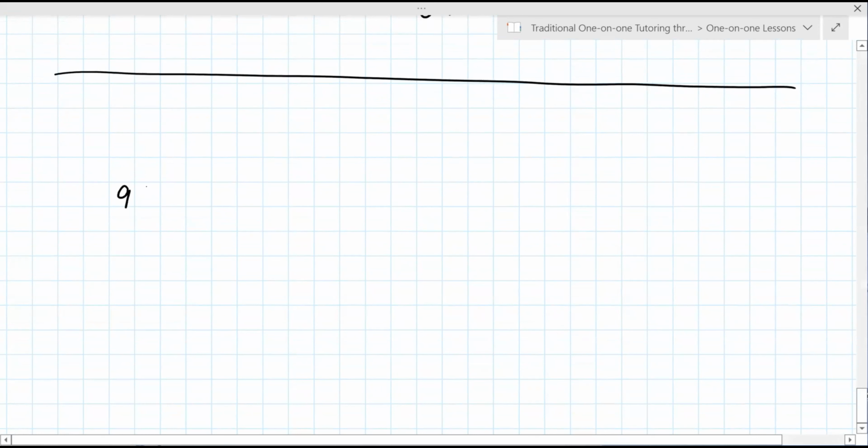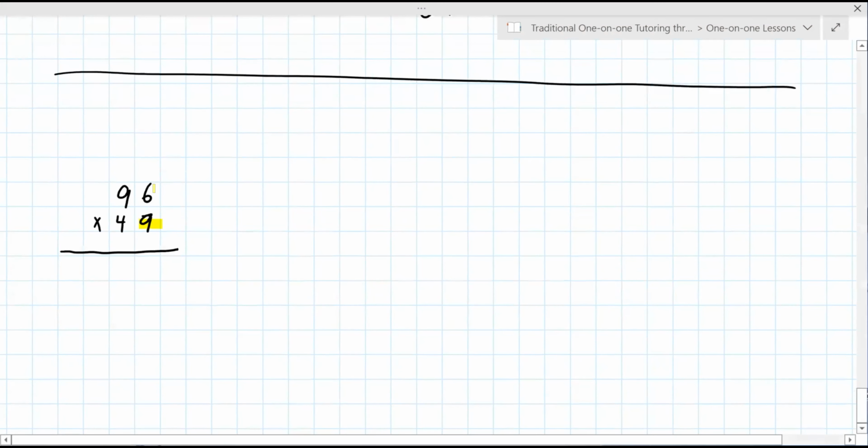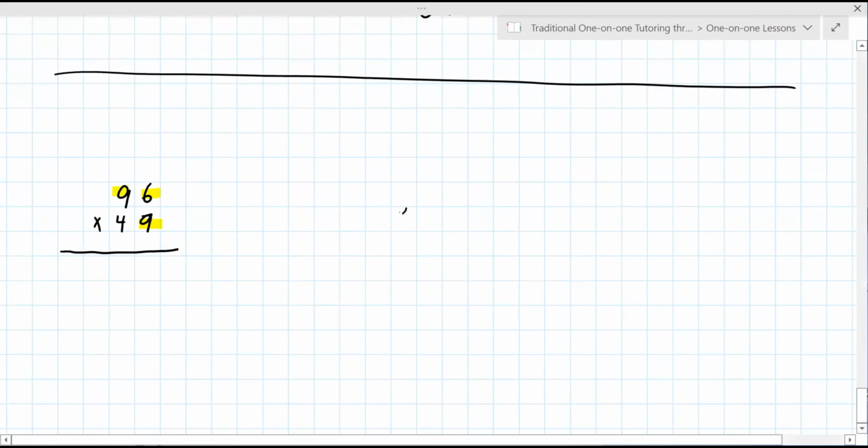Let's say it's 96 times 40. We just did that. Let's go 49. Okay, so again, you're going to take the 9 in the lower right, and multiply by the 6 and the 9. 9 times 6, 9 times 9.